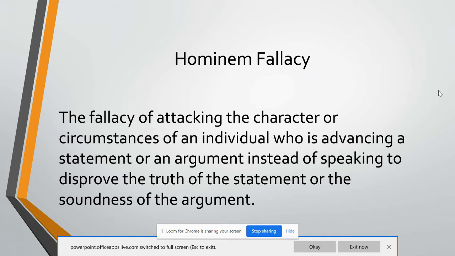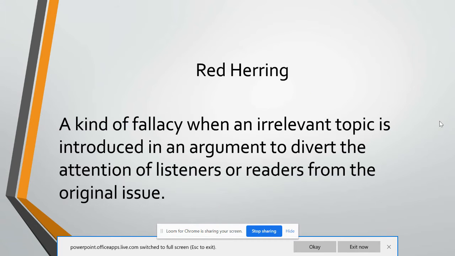Okay, so that is attacking the person, not what they have to say. So that is ad hominem. And hominem right here, anytime you see anything like that, it means person. Latin, person, or being.